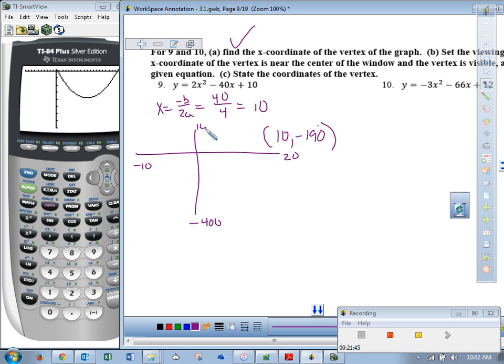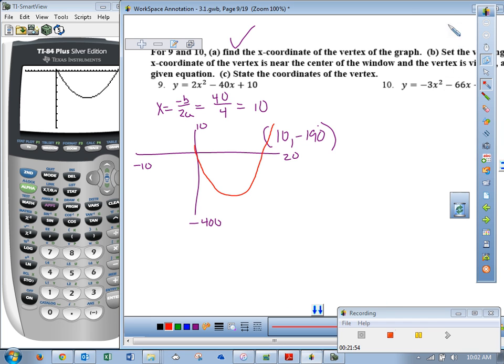This was 10. Oops, that's not a good sketch. Pretty decent sketch. Basically they're asking for the window.